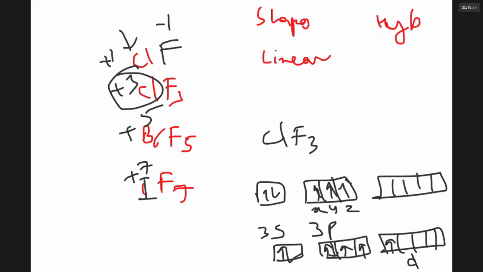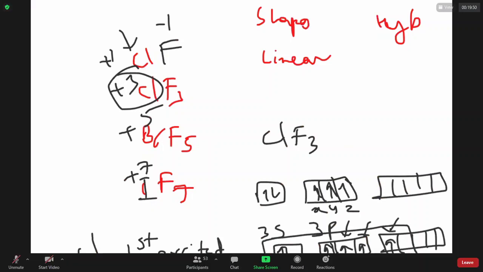Due to this electron excitation, which is its first excited state, the Cl gets 3 unpaired electrons and all 3 will undergo sp3d hybridization.